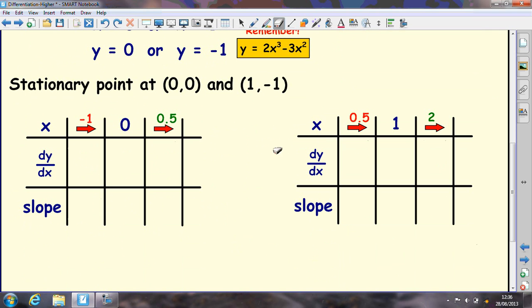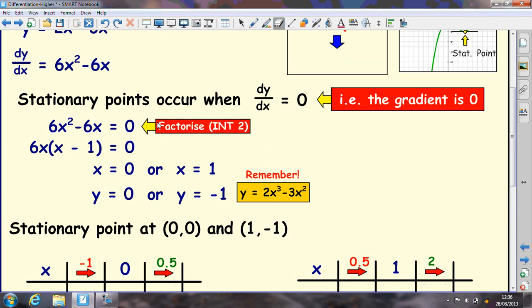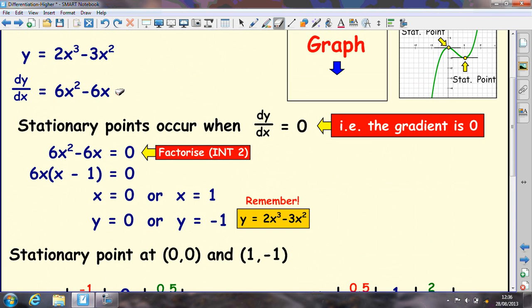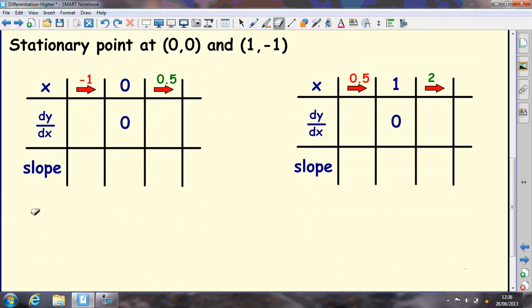So everything else is the same. We just do our nature tables. So we're going to have 0 gradient at the stationary point and 0 gradient at the stationary point. We're then going to substitute negative 1 and 0.5 into the derivative, which is 6x squared take away 6x. We'll do that below.